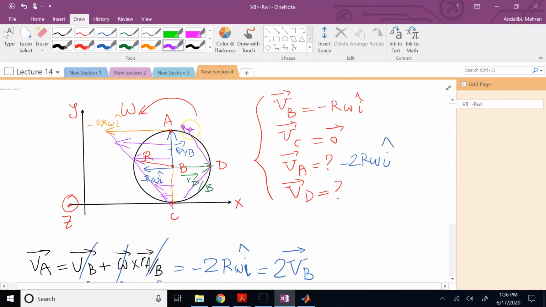Okay? If you want, it is perpendicular to this connecting line from C to D. So this is negative r omega i plus r omega j, and so on and so forth. So this is an interesting example.